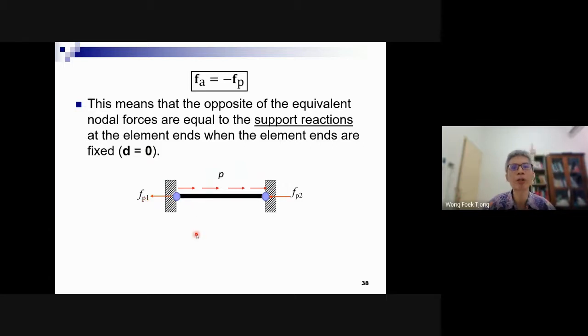It means the support reaction, right? That's the meaning, or maybe you can call this fixed end forces, right? As in the slope deflection method, fixed end forces. The negative of the equivalent nodal force is equal to the fixed end forces if you name it so. Okay, that's the interpretation. Any questions up to this point?